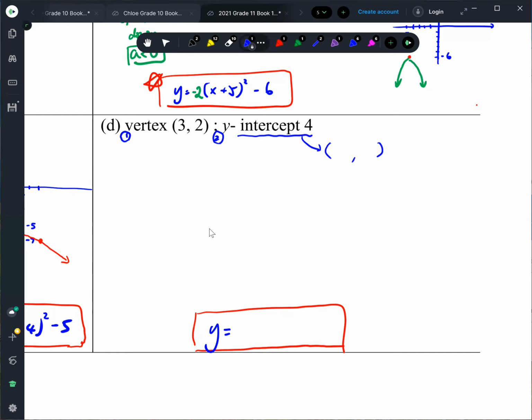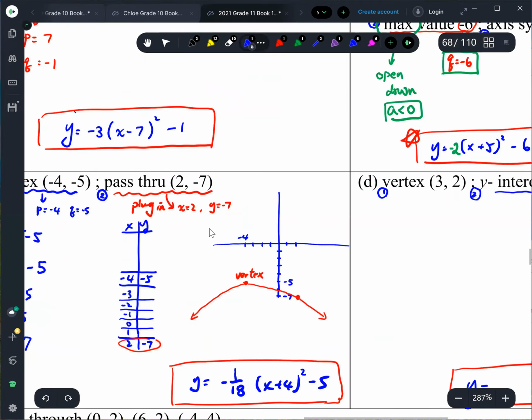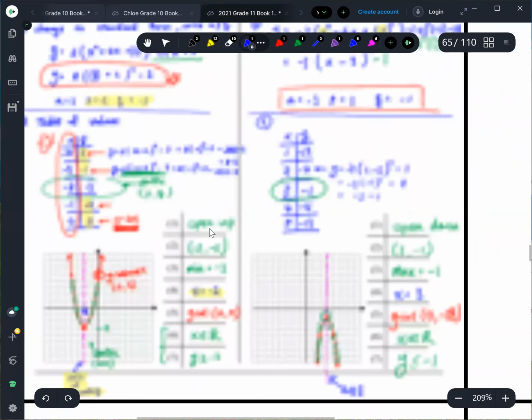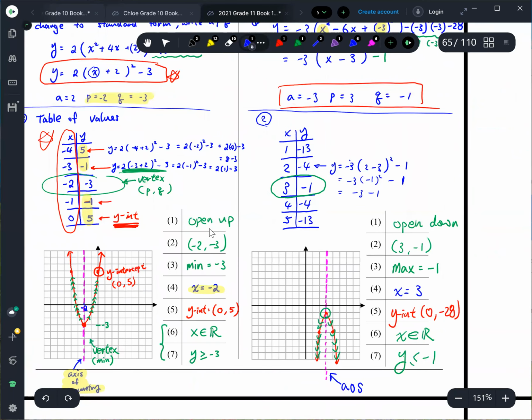So if you forgot what y-intercept means, you can go back to last page, right? What we did last week. Look at y-intercept. Okay, so for example here, number 5, y-intercept, you have 0, 5, right?